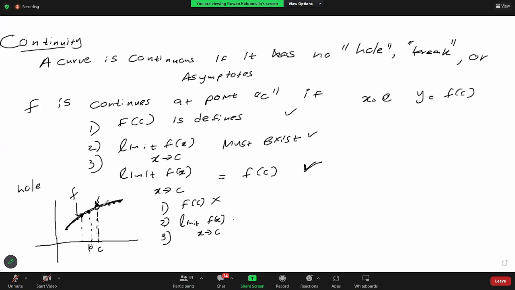When you consider the limit of f(x) when x approaches C, you can consider from the right hand and from the left hand, and if these two values are equal, that means this limit of f(x) when x approaches c exists. So now my question is, in this curve, does the limit of f(x) when x approaches c exist or not? Yes or no?